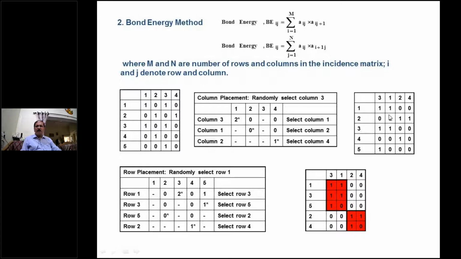So the rearrangement of the columns is 3 1 2 4, and the rearrangement of the rows will be 1 3 5 2 4, and you see all the ones have been arranged or blocked here in block diagonal structures. So this is the bond energy method, which can give you the simultaneous generation of the machine cells as well as the part families.